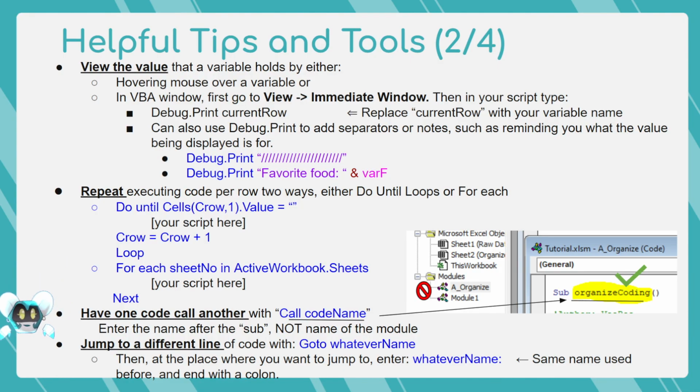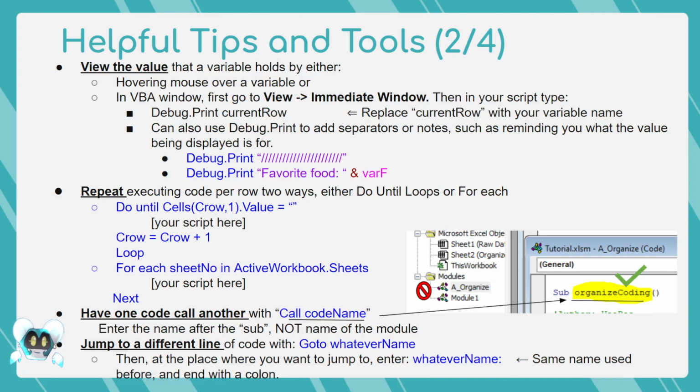You can have one macro call on another by using call space and then the name of that coding. So this is the name that you see after sub. This is not the name of the module, because a module could contain multiple bits of code, starting with sub. And this will make more sense once we start coding.